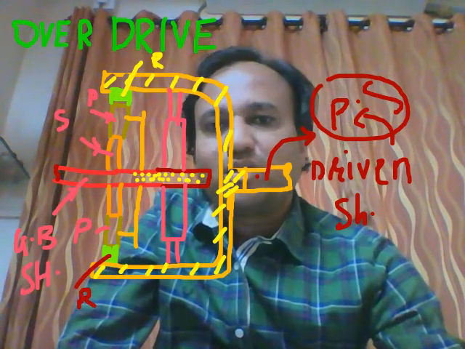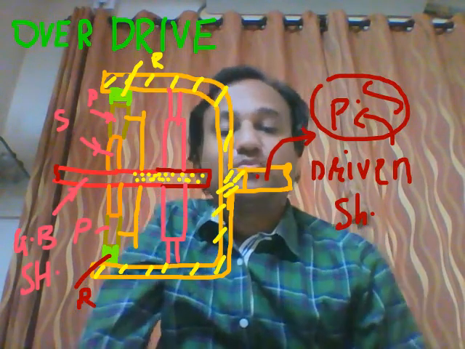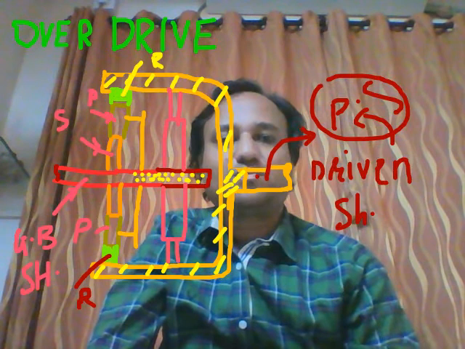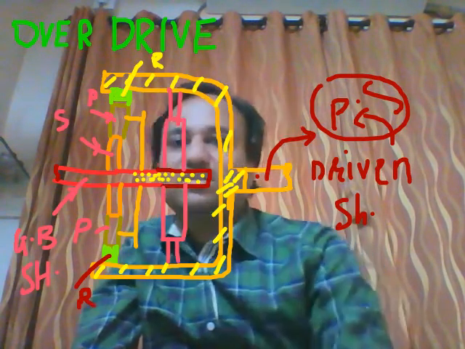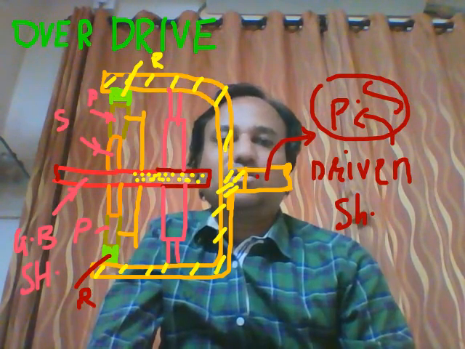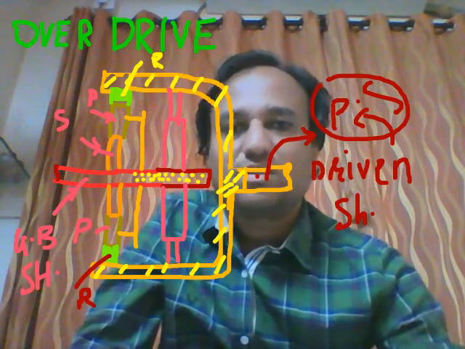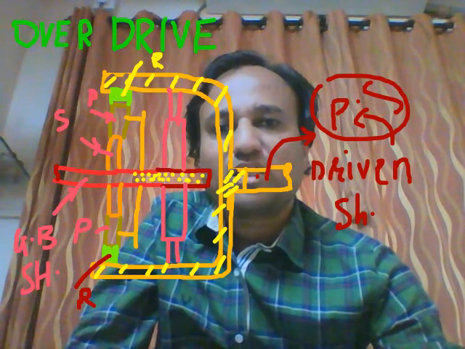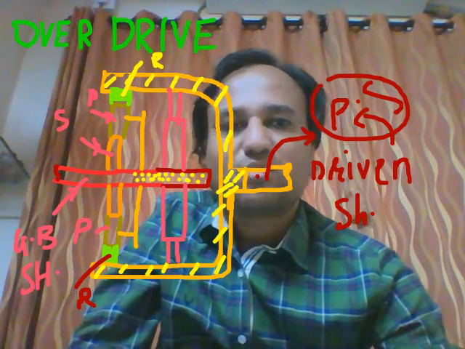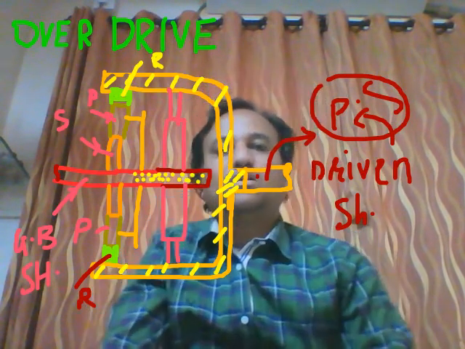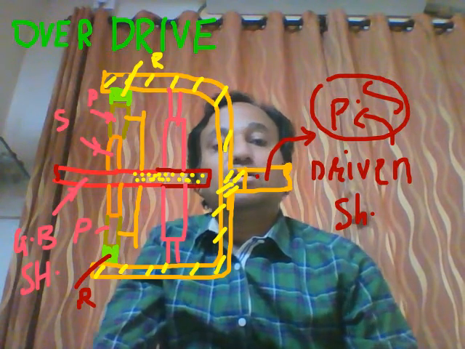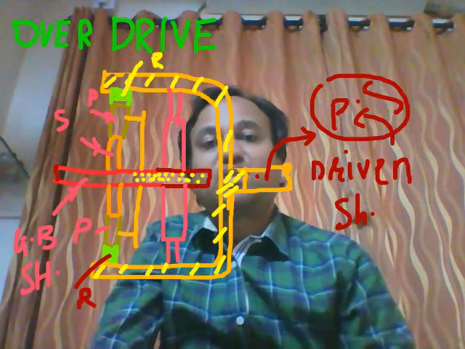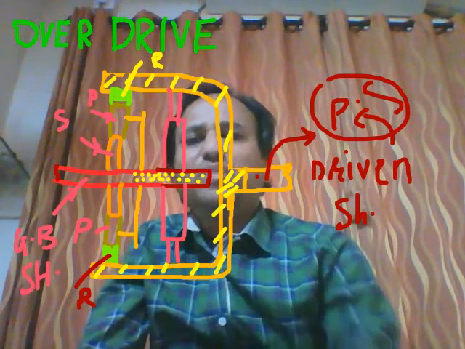So it will run the propeller shaft faster than the engine shaft, or it will exceed the speed of the main shaft of gearbox, so that the propeller shaft is running faster than the engine shaft or main shaft of gearbox.